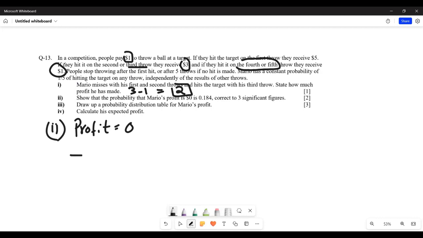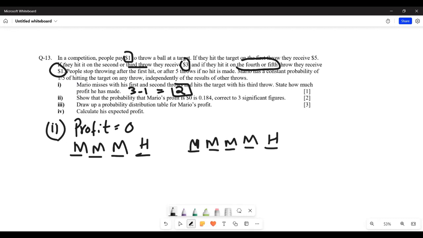So the first three are missed, and then there's a hit, and he stops there, since when you get a hit you stop playing. Or he hits the target at the fifth throw, so four misses and a fifth hit. In these two cases, he gets $1 back, making profit 0.